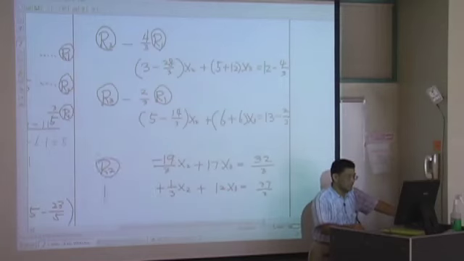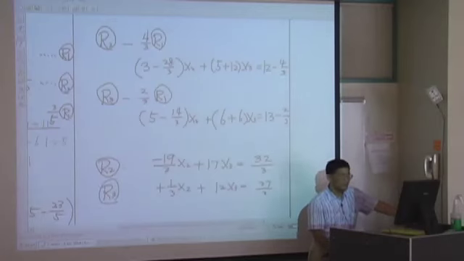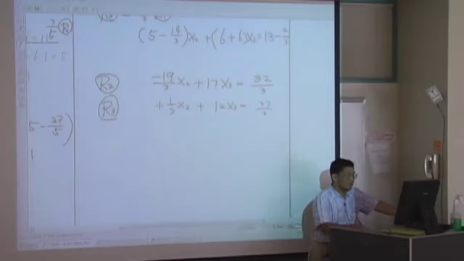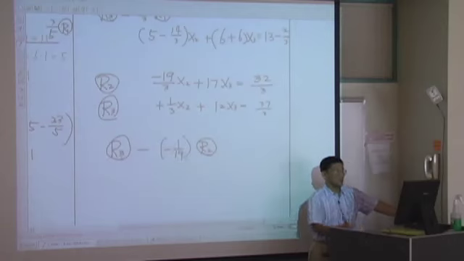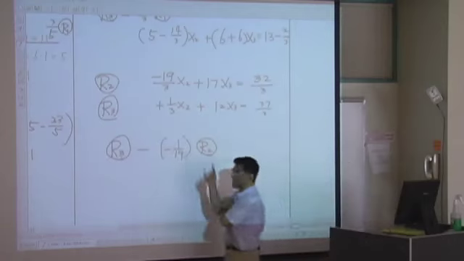And then row 3. Let's call these the new row 2 and row 3. Then what should we do here? Row 3 is subtracted by row 2 times the ratio. The ratio is minus 1 over 19, right? So we should do these things.